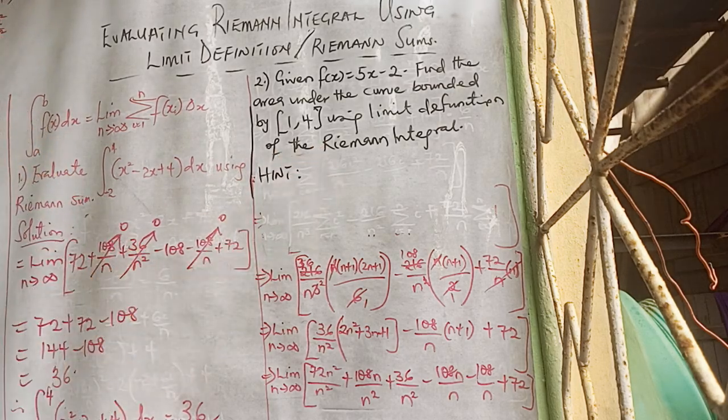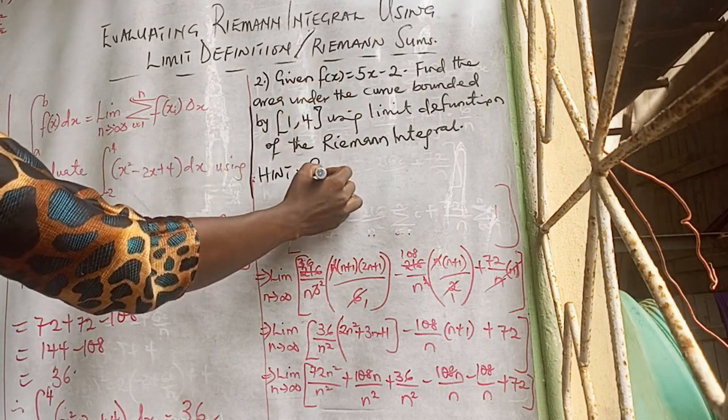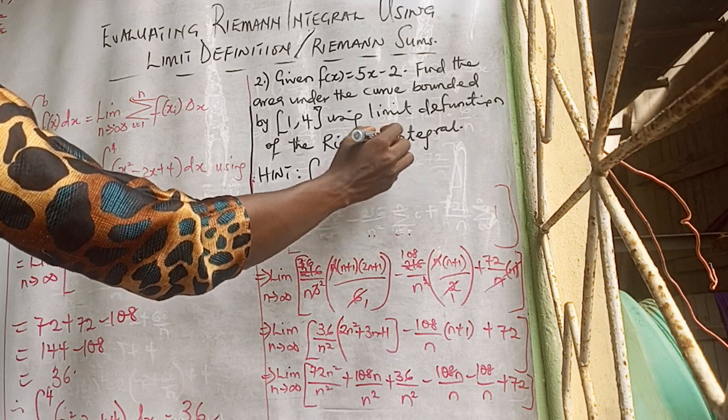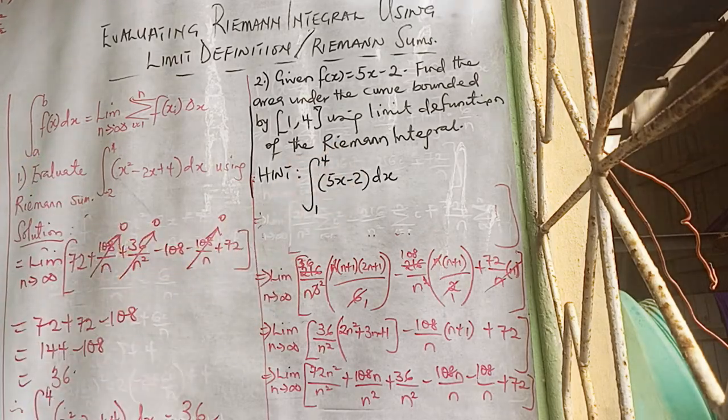What they want us to do is to find the integral of 5x minus 2 dx from 1 to 4 using Riemann sum or using the limit definition.